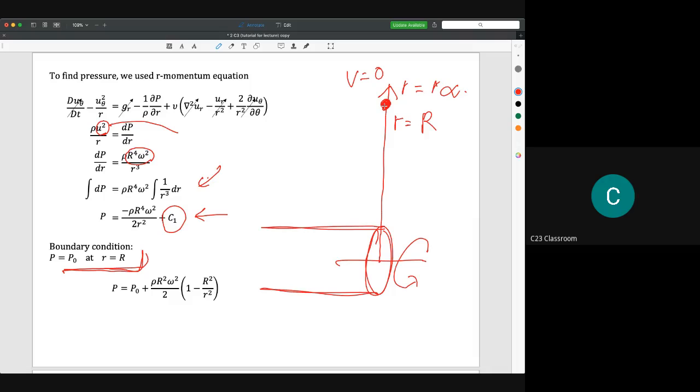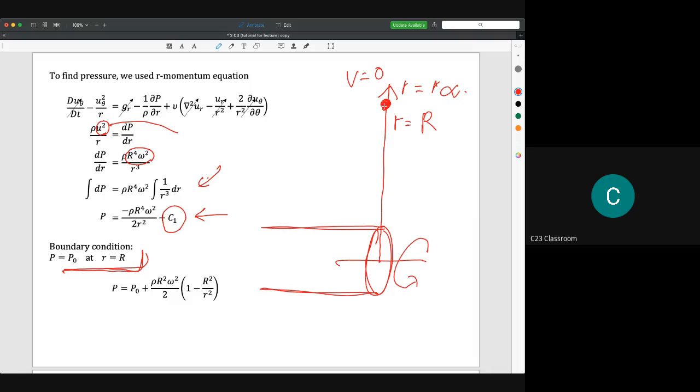Please note that we are solving for pressure, so please do not give a boundary condition reflecting the velocity. In the previous calculation, we were determining the equation of velocity, that's why we gave boundary conditions in terms of velocity.